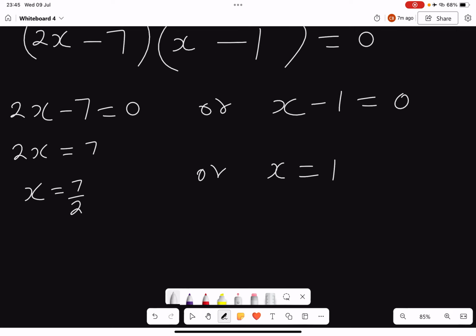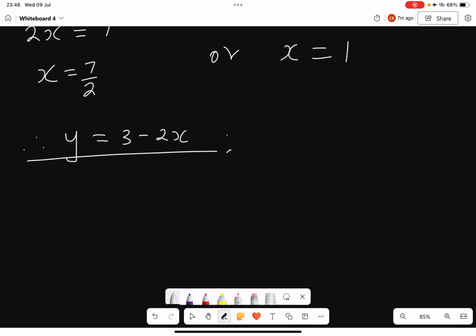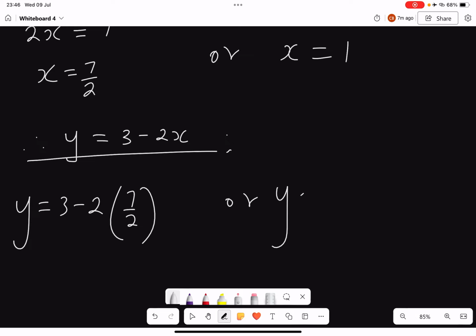Now we need to find y. Remember, we had an equation like this: y equals 3 minus 2x. From this, we can get our y values. The first one will be y equals 3 minus 2, where I see x, I put 7 over 2. Or the second one will be y equals 3 minus 2, where I see x, I put 1, because the x value there was 1.